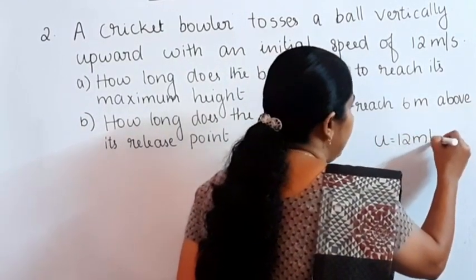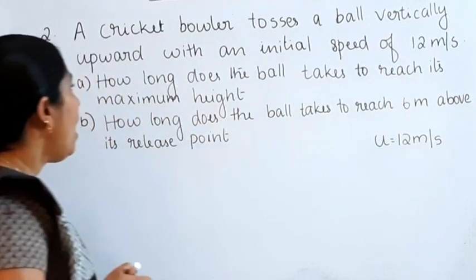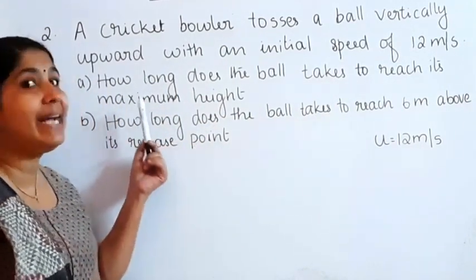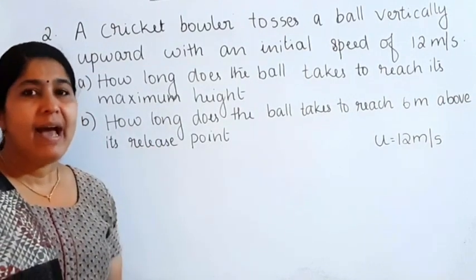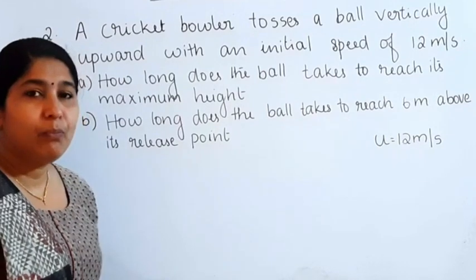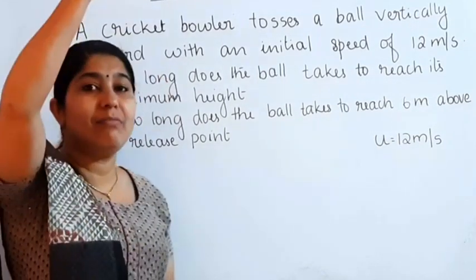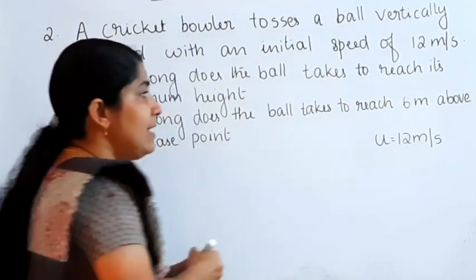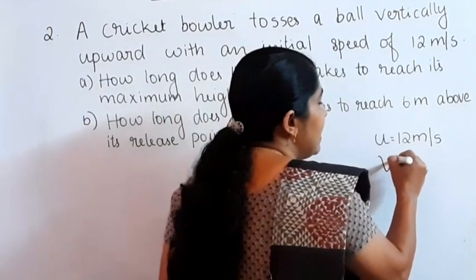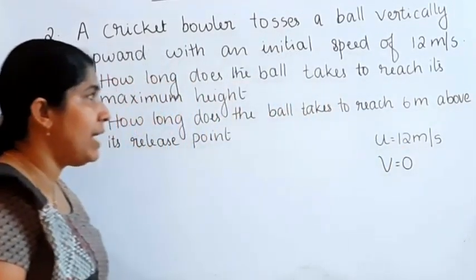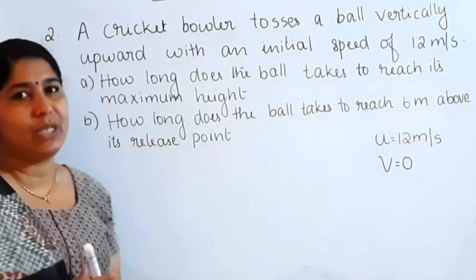How long does the ball take to reach its maximum height? At its maximum height, what about its velocity? When the ball reaches its maximum height, velocity becomes equal to 0. That is, final velocity is equal to 0.